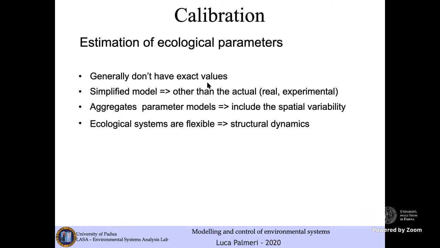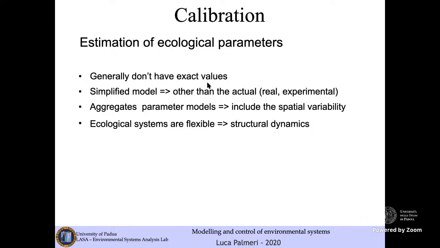We may keep in mind that my model is a simplification of my description. So the parameters that appear in the model for calibration may not be real parameters of the actual or experimental system, because we are employing simplification of the description.